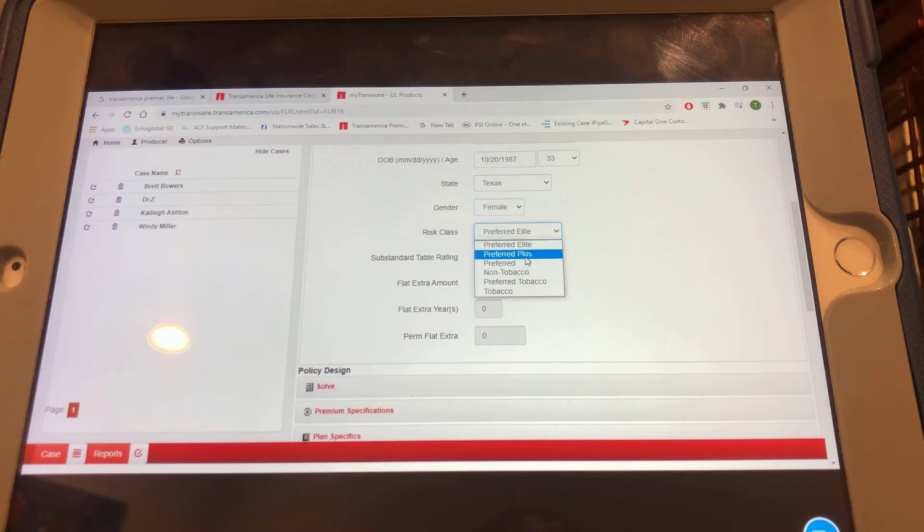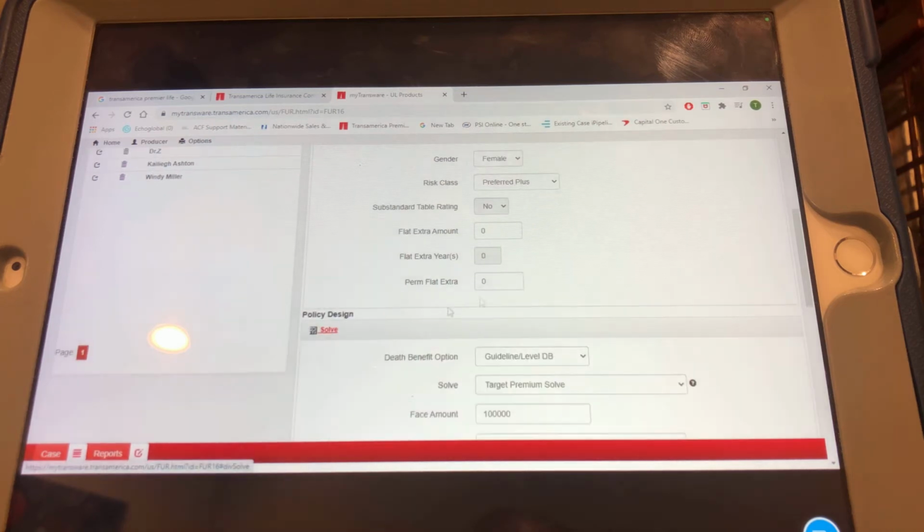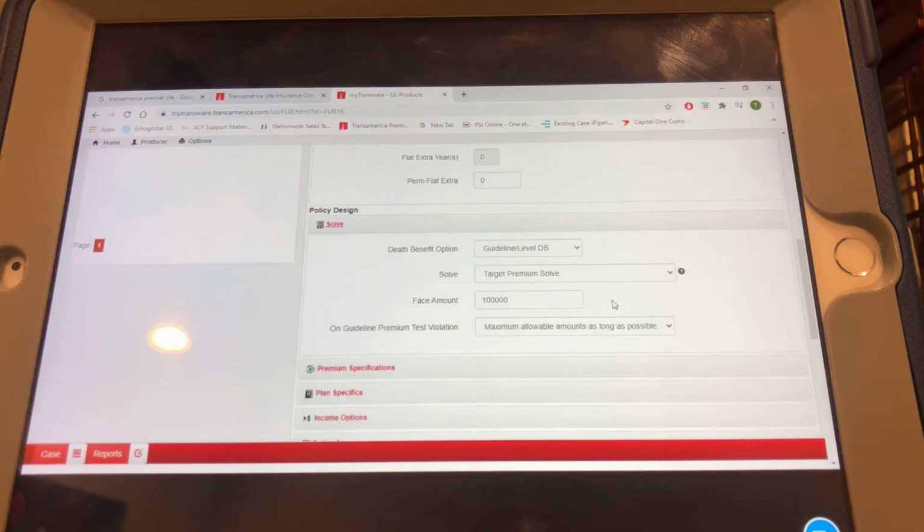I'm gonna go with just preferred plus. Okay. Now, what I'm gonna do next, I'm gonna go where it says here solve. And how I'm gonna change this is my death benefit option. We're gonna change it to increasing. Death benefit option increasing. To hit that.